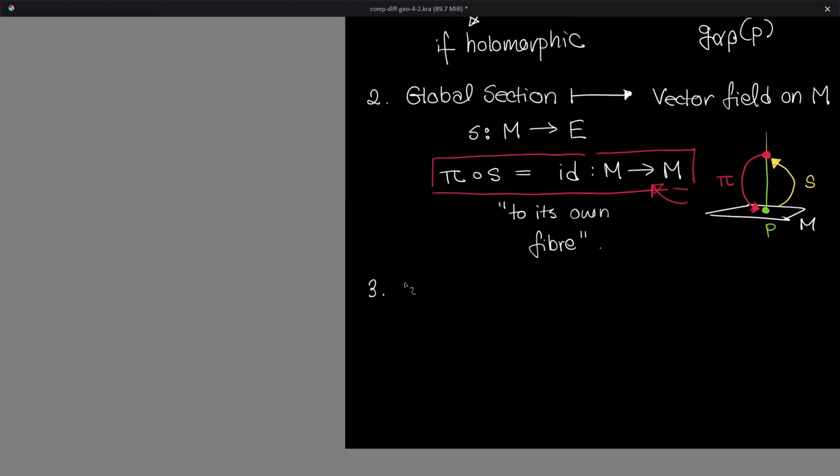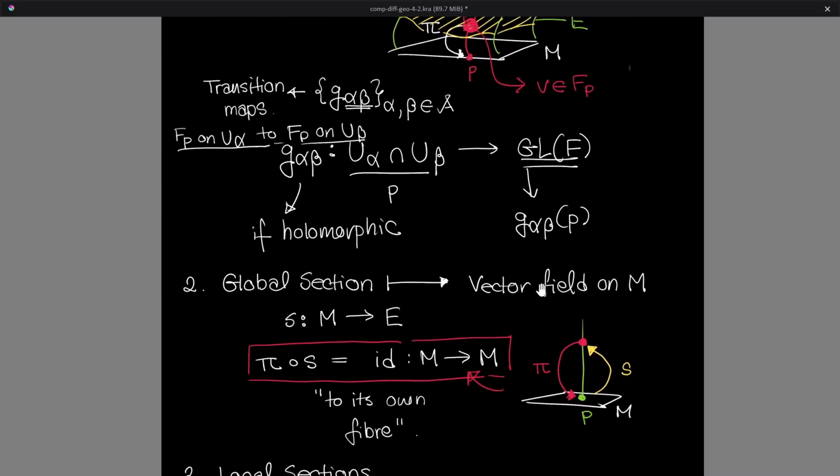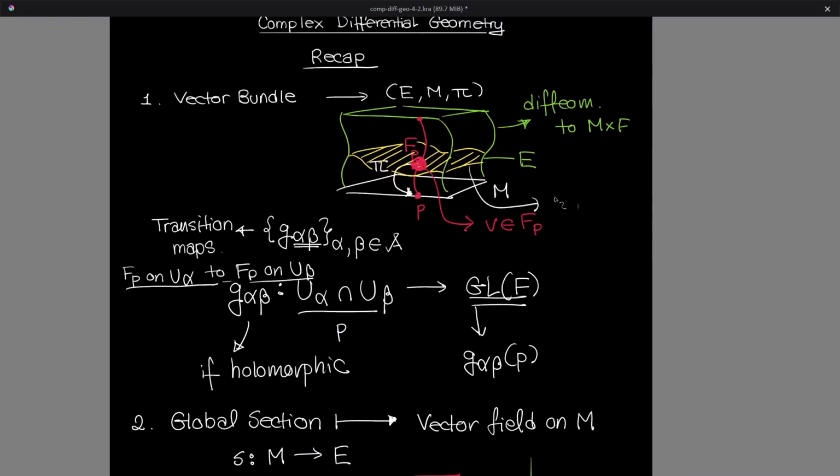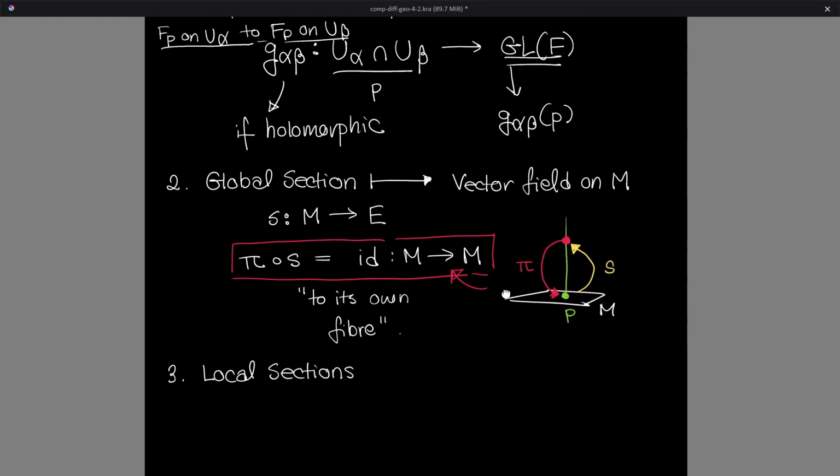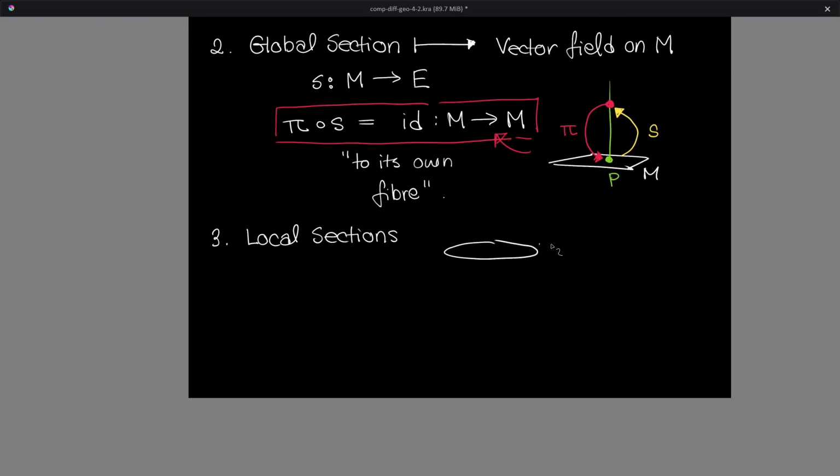Then we looked at local sections, which are the same idea as sections, which are continuous surfaces in the bundle, but instead of being over all of M, they're over an open subset of M. Let's say U_α.